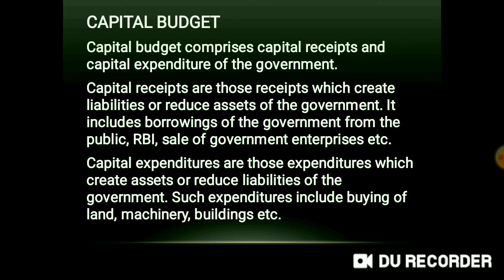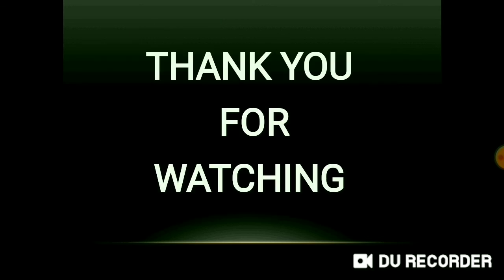It is all those expenses in the form of buying land by the government, buying machineries, buildings, etc. Sometimes the government also pays off its loans or credit of the public. That also comes under the capital expenditure. So normally capital budget consists of capital receipts and the capital expenditure of the government.